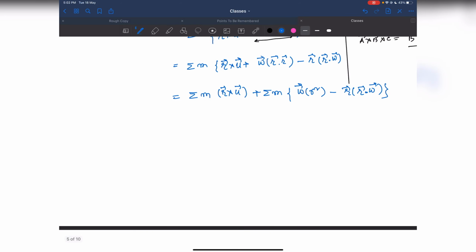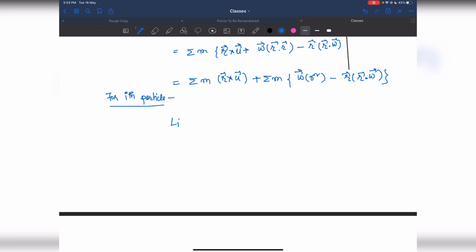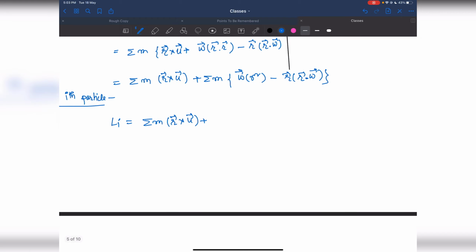Now for the ith particle I can write Li, and it is going to be summation of m r cross u plus summation of m. Here I am writing it for the ith particle, so I will write the velocity of the ith particle. Now here it is r square minus ri.